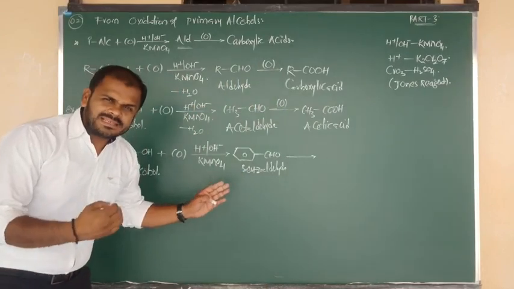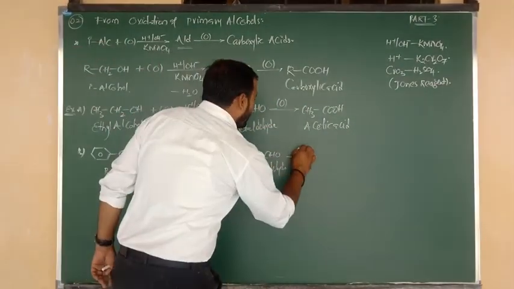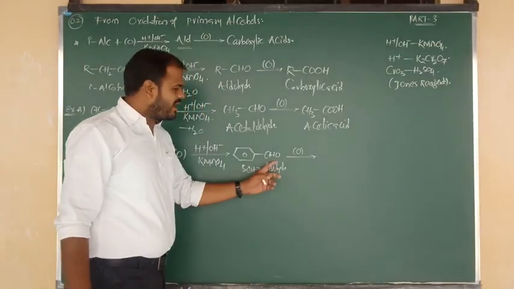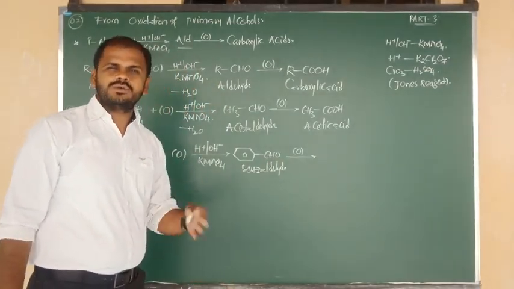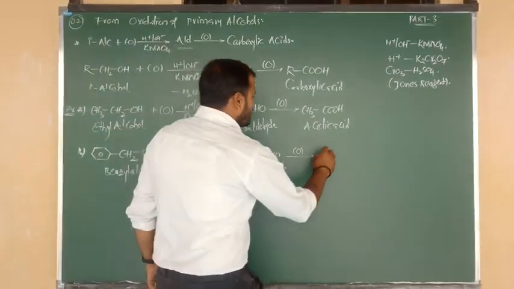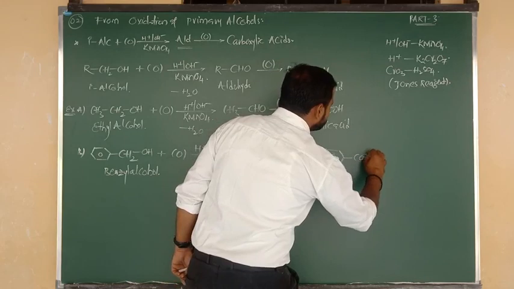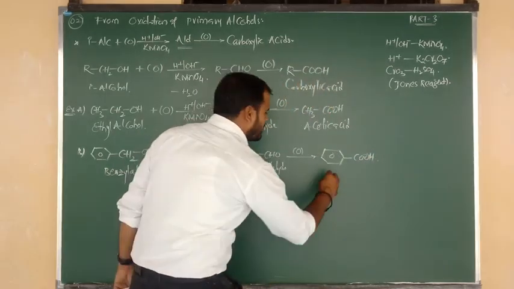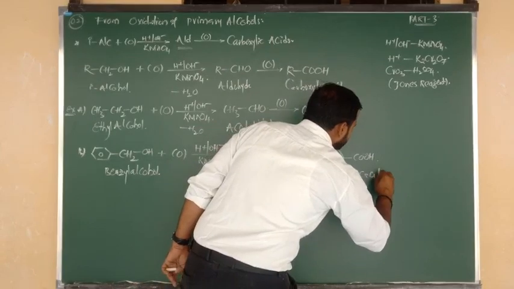Such benzaldehyde again undergoes oxidation. The aldehydic group upon oxidation gets oxidized into a carboxyl functional group. So benzaldehyde upon further oxidation changes into the product. The product is benzoic acid. What is your final product here?